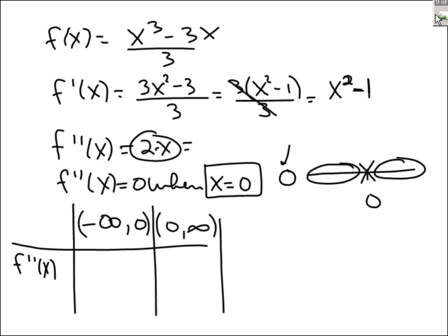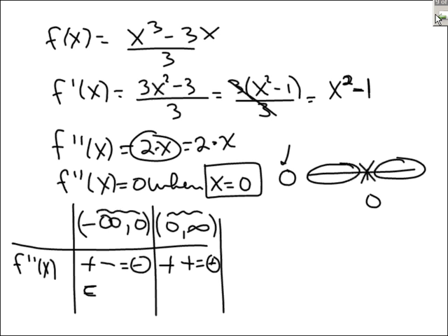Well, the factors are 2 and x. Well, 2 is always positive. And what about x? Well, x is positive if x is positive, and it's negative when x is negative. x's are positive here, and x's are negative here. So, this is negative, this is positive.